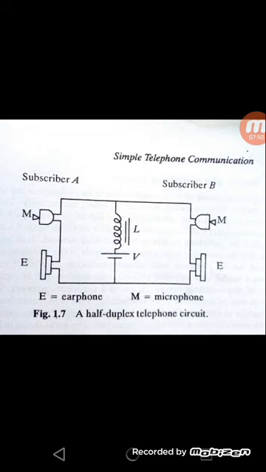When sound waves impinge on the diaphragm, it vibrates, causing the carbon granules to compress or expand the voltage levels. By using carbon microphones, the diaphragm internally vibrates and expands or compresses the voltage levels.